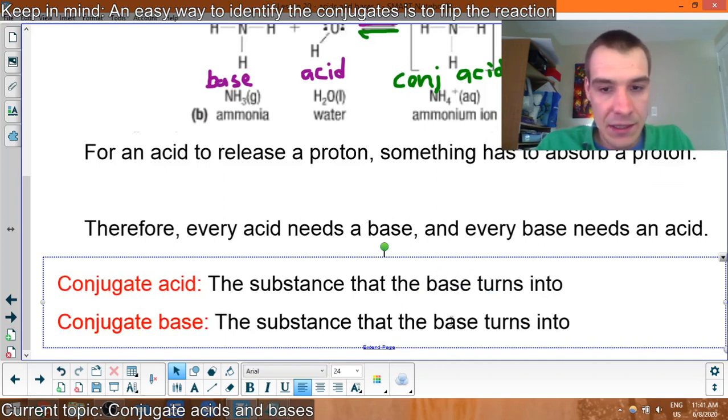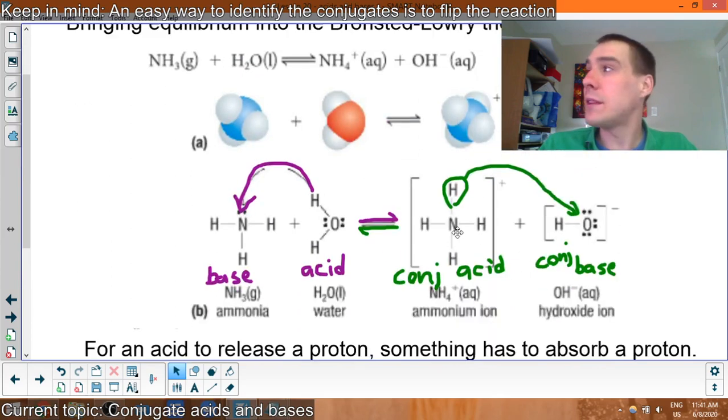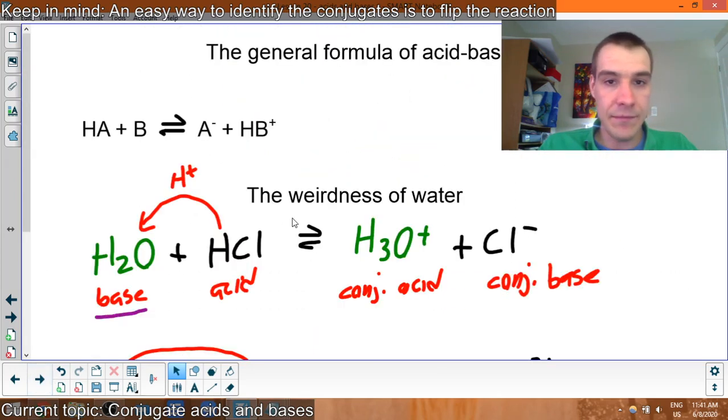And the conjugate base is the substance that the acid turns into. Right, that's another way to think about it. But the easiest, if you want to get it 100% right every time, just flip the reaction and see what happens. Right, on the green side, this becomes an acid. On the purple side, this is the acid. And here's the general formula. Right, general formula: HA plus B to A minus plus HB plus.